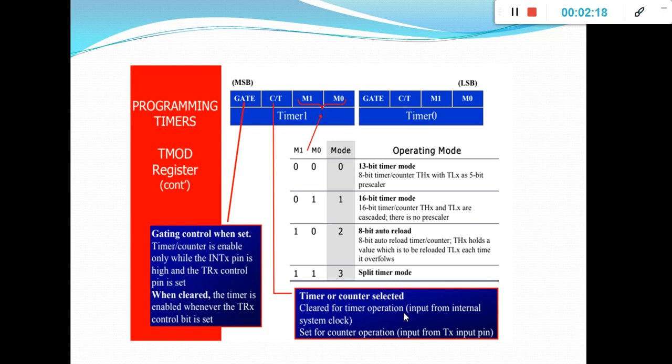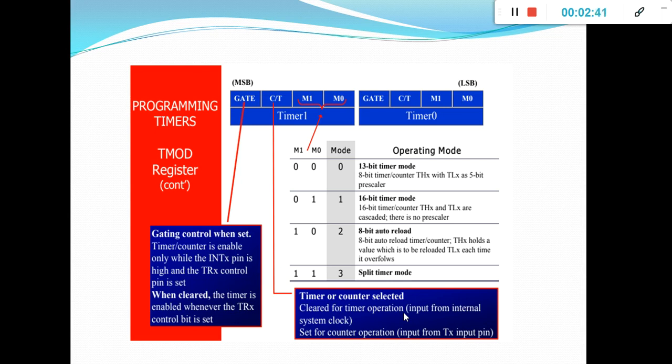Here the clock source for the time delay is the crystal frequency of the 8051. The crystal frequency, you know, is 11.0592 megahertz, approximately 12 megahertz. So the clock source for the time delay is the crystal frequency of the 8051.